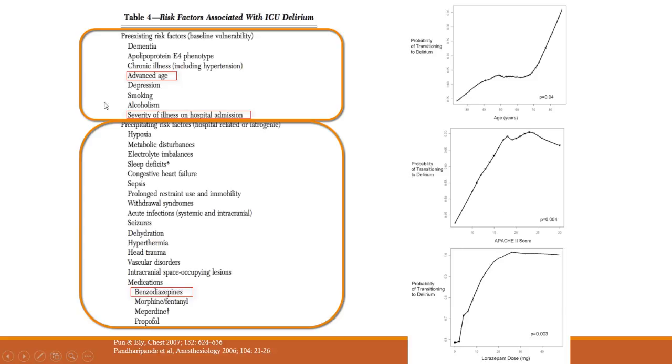And I'll highlight age, severity of illness, and then some of the more iatrogenic causes, and I'll highlight benzodiazepines here. And you can see on the right, plotting age, disease severity, and benzodiazepine against, on the y-axis, the probability of transitioning to delirium. You see a clear rise as you go along the x-axis.